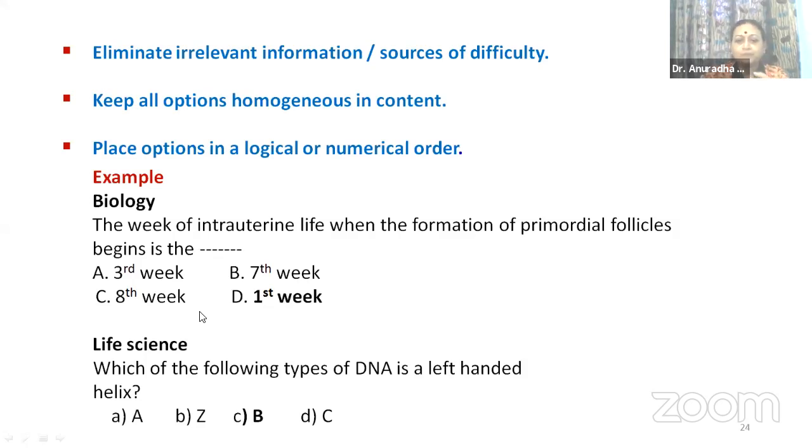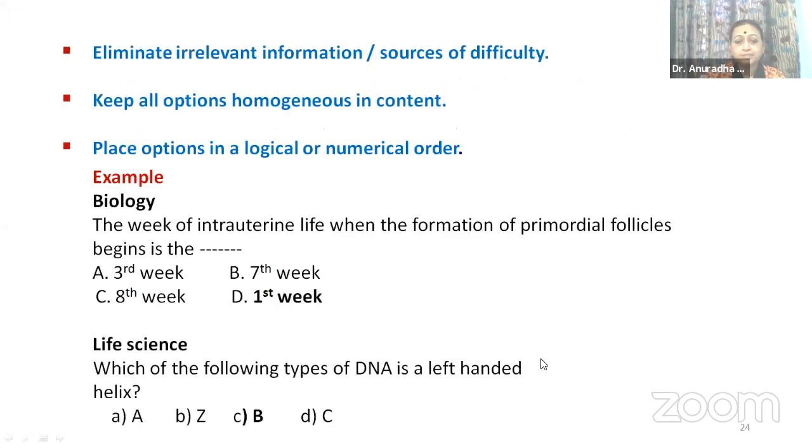Either you have your options framed in ascending order, or in descending order. Let there be a logic to it so that nothing suddenly draws your attention towards that option. If you have something progressing 1st week, 3rd week, 5th week, 7th week, whatever it is, then there's a kind of logic that is built up. No option is getting additional importance or attention because of the way it is placed.